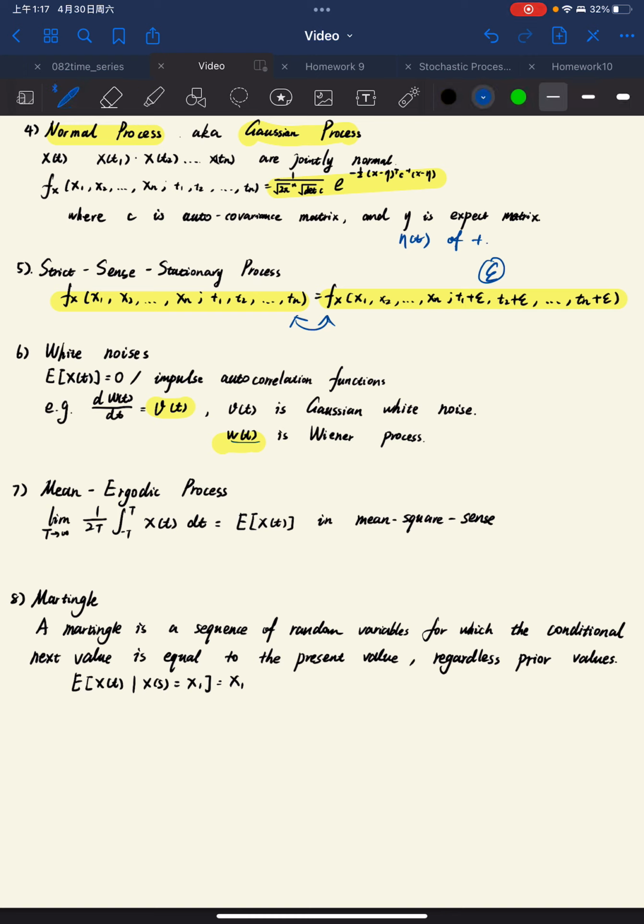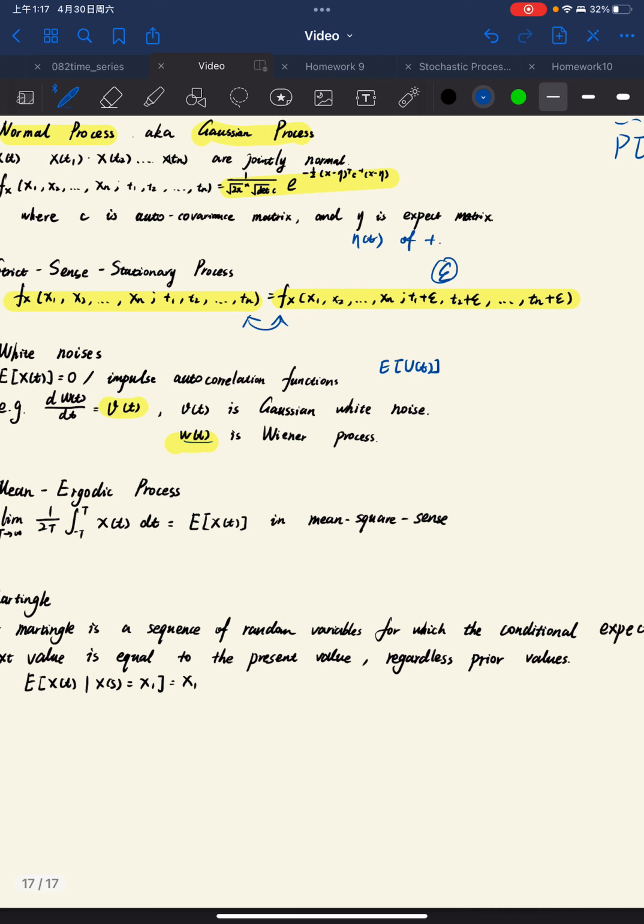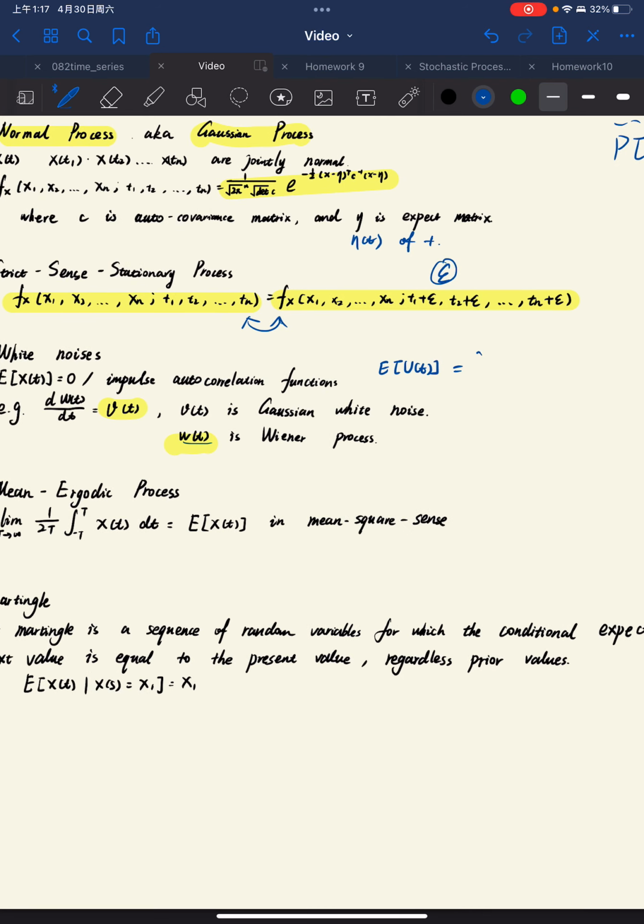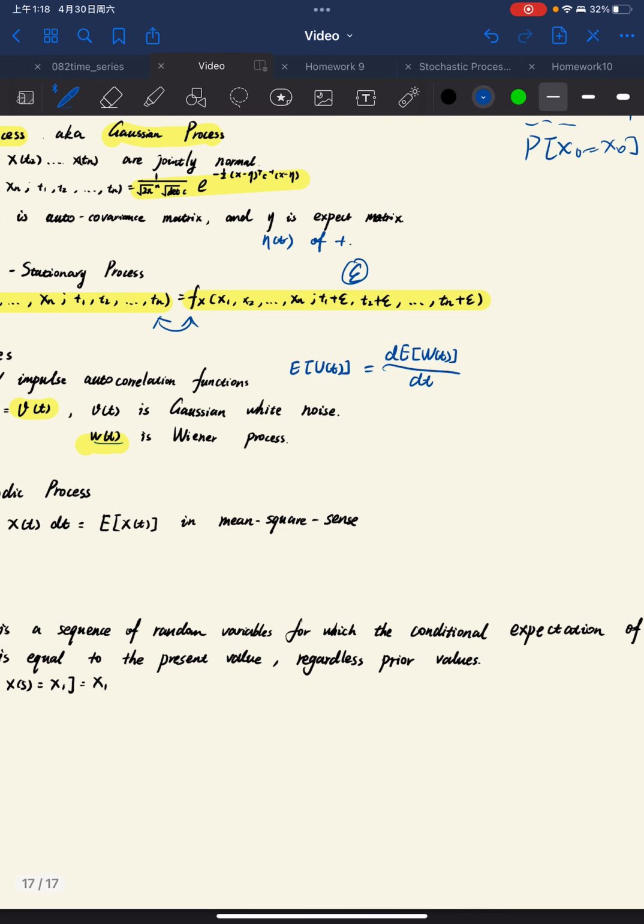And on this part, the expected value of Vt equals the derivative of the expectation of Wt, which is the Wiener process, with respect to time t, and finally the noise expectation is 0.